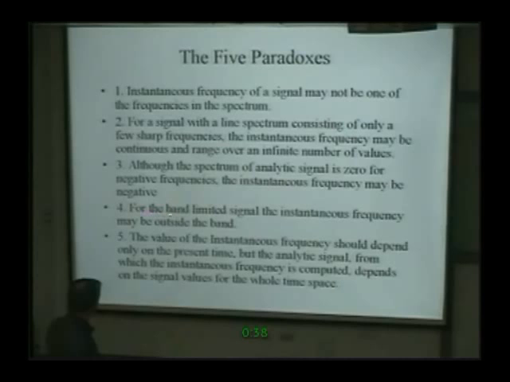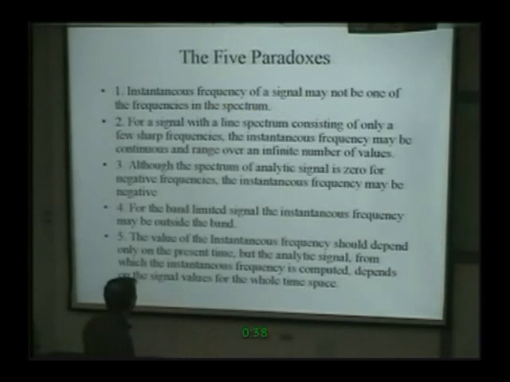Then for a band limited signal, instantaneous frequency may be outside the band. So this one and this one, 1, 2, and 4 are actually identical or very similar. You have bandwidth, but the instantaneous frequency can be outside the band. You have a single line, the instantaneous frequency can be continuous. And you have certain frequency, the instantaneous frequency is not there.